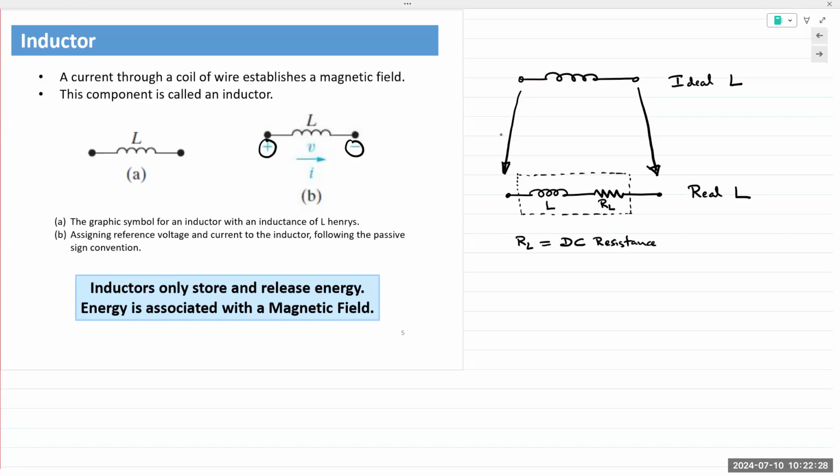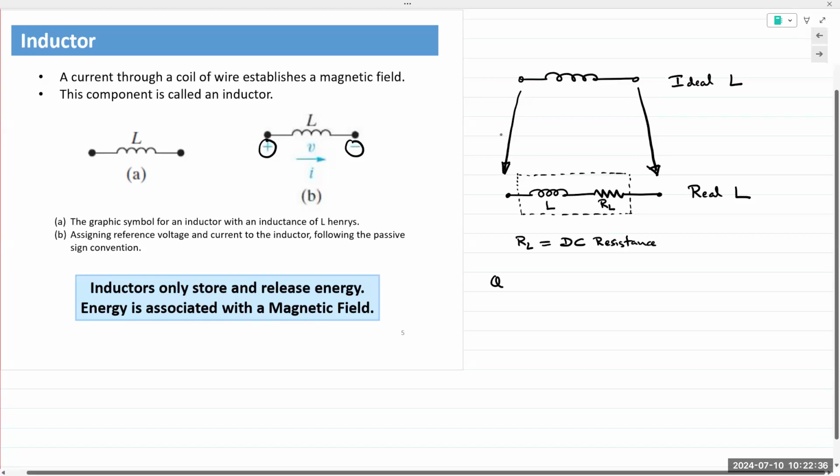So obviously, because it's in series, it interferes with circuit operation. So we describe the inductor quality based on the resistance value.